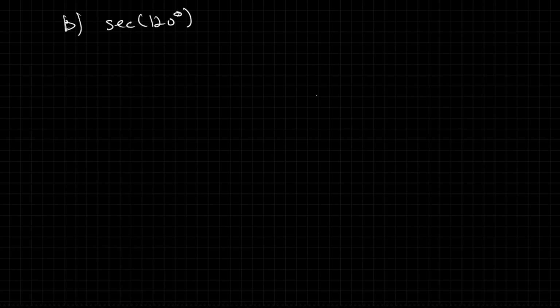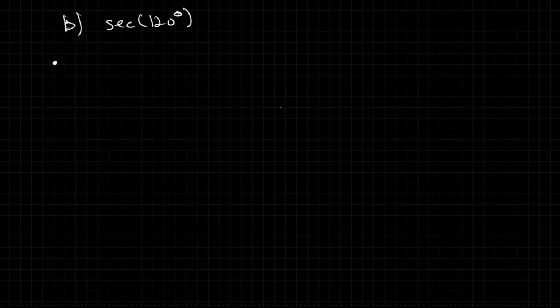Now, the second part said to evaluate secant of 120 degrees. So let's do the same thing. We'll go ahead and find the reference angle first. Now, we should make sure we're dealing with an angle that's between 0 and 2 pi, or in degree form between 0 and 360 degrees. And in fact, we do. 120 degrees is between 0 and 360 degrees.